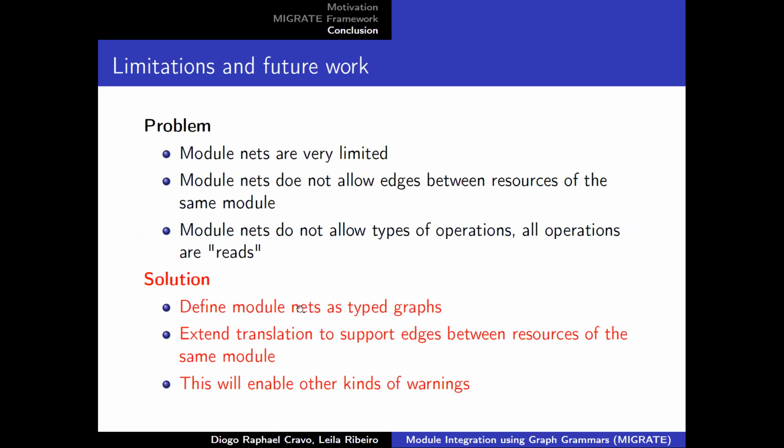And the solution to this in the future will be to try and define module nets as type graphs. I think that's the easier part. The more difficult part is extending the translation to support those kinds of typed graphs. But this will also enable other more interesting kinds of warnings.